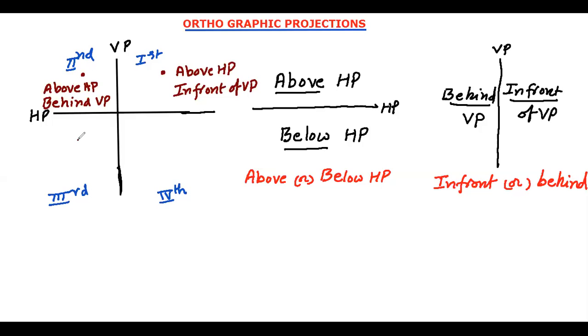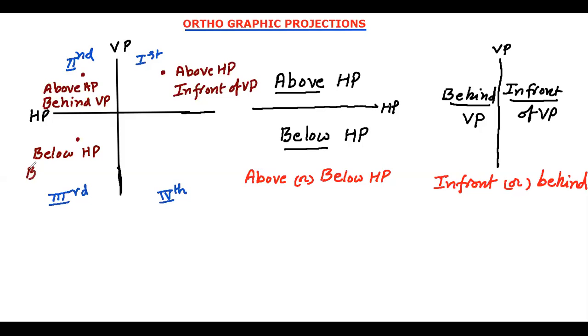Now go to the third case, dosto. With respect to HP, it is below HP. With respect to VP, dosto, it is behind VP. So when a point lies on this side of VP, it is behind VP.